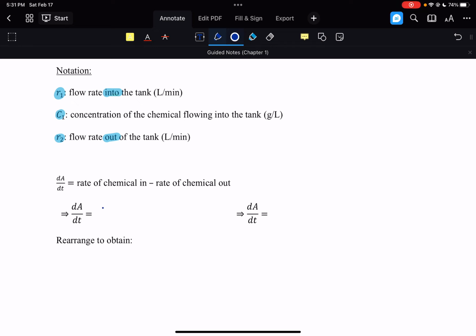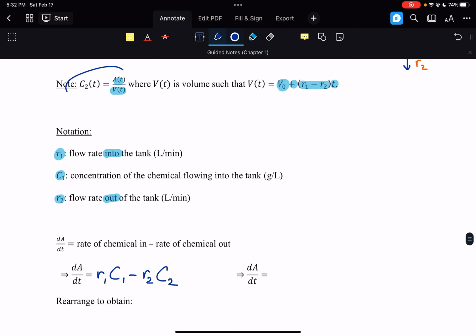So that's R1C1 minus R2C2. But C2, we know from up here, is amount over volume, so A over V. So we can rewrite this as R1C1 minus R2 times A over V.